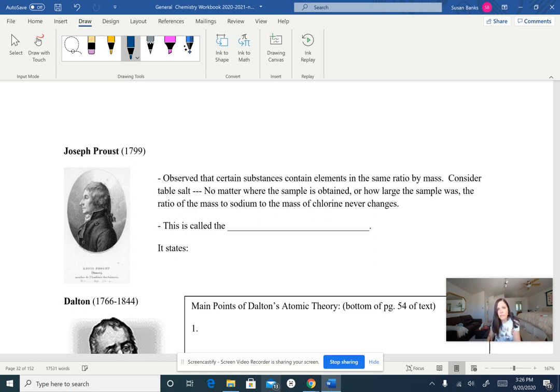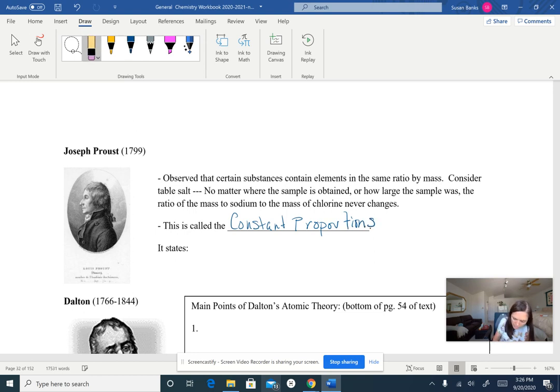And he found that that ratio never ever changes, regardless of where he got that salt from, or how big or how small that sample of sodium chloride or table salt was. So Joseph Proust calls this the law of constant proportions.